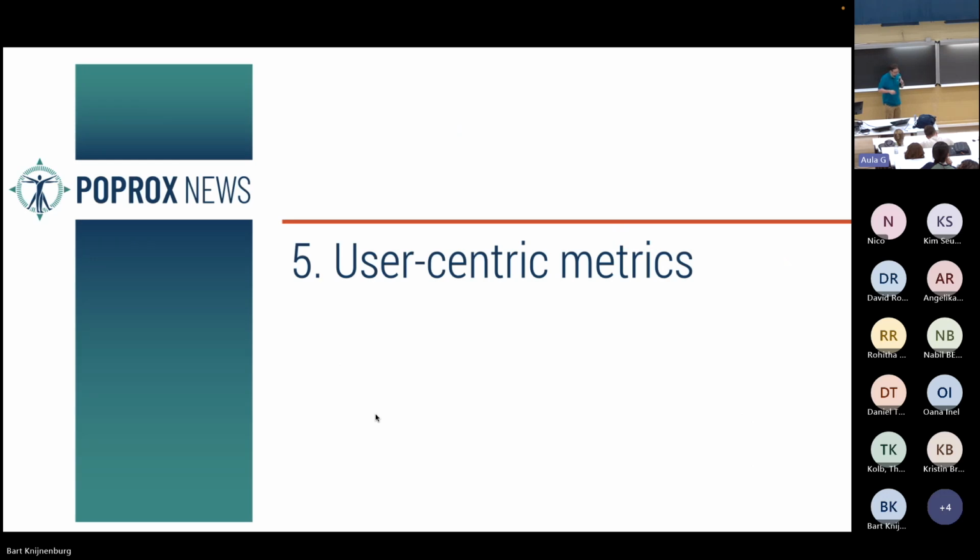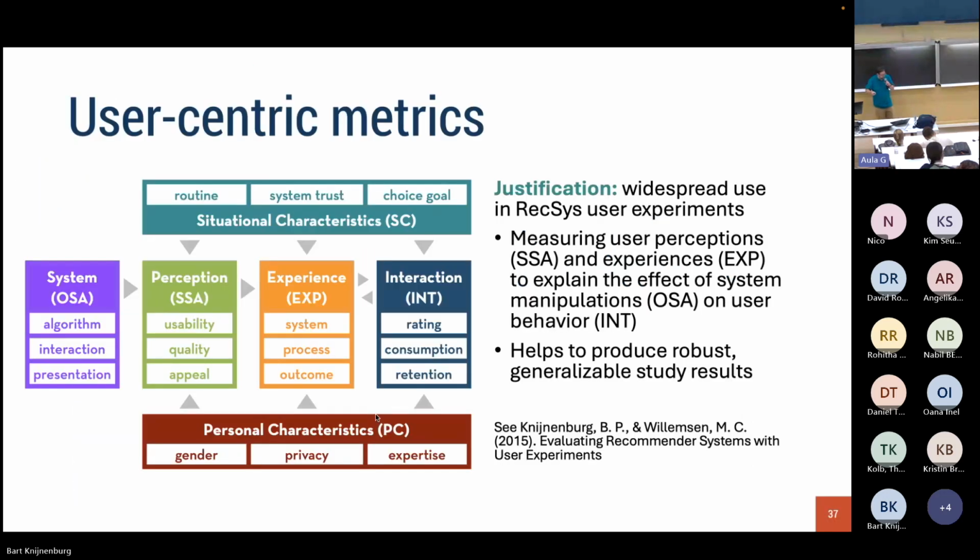Okay, so we're talking about user-centric metrics. Based on this study that I just talked about and several other studies, Martijn Willemsen and I and a bunch of people on the program created this user-centric evaluation framework.